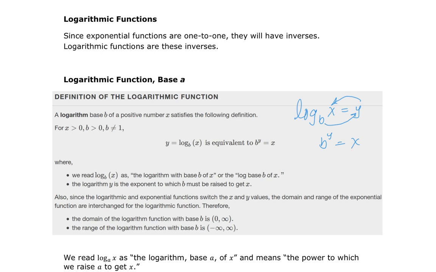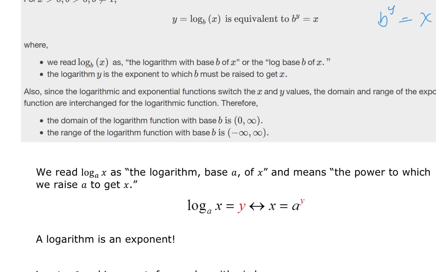Because logs and exponentials are inverses of each other, we know that their domains and ranges will become what we had, but with the switched position. Because remember, when we solve for the variable x, when we're doing an inverse, it is at that moment when we solve for x and switch x with f inverse of x, and y with x that the domains and ranges switch positions.